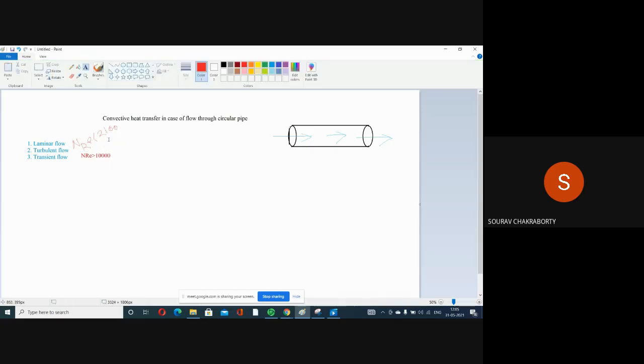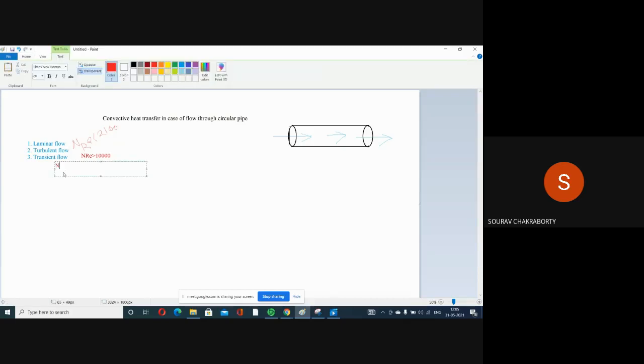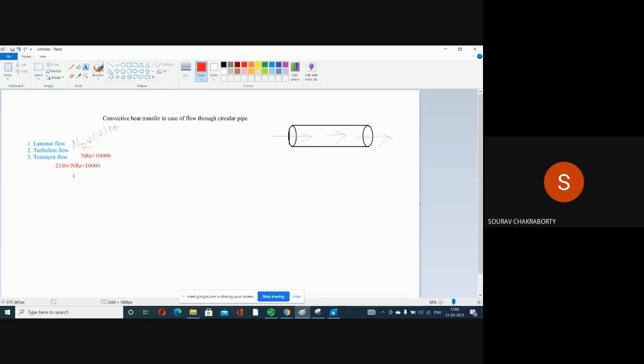And if your Reynolds number is in between 2100 and 10,000, in that case it will be transient flow.